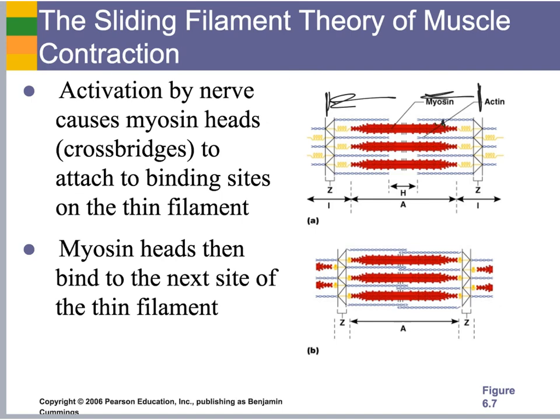Once those myosin heads are able to bind, it's kind of like a trigger. Once they bind, they're going to do the power stroke and pull the actin filament towards the center of the sarcomere. And so down here you can see kind of what that looks like with the overlapping. Once they attach, we call them cross bridges, because they're kind of like bridges from the myosin filament to the actin filament.